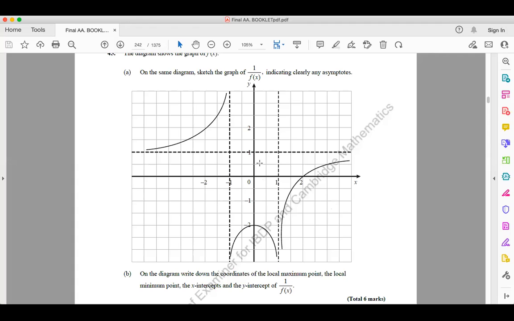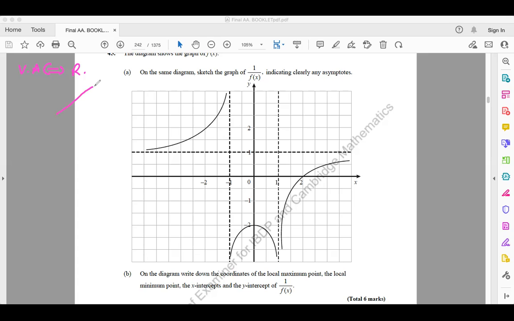Now this is basically the reciprocal function, where you can already see the existing vertical asymptote and a horizontal asymptote. Let me brief you firstly on certain rules of the reciprocal function. As we know, vertical asymptotes become roots, and roots become asymptotes. So if you've got a function with a vertical asymptote, that converts to a root, and if there is a root already, it becomes a vertical asymptote.